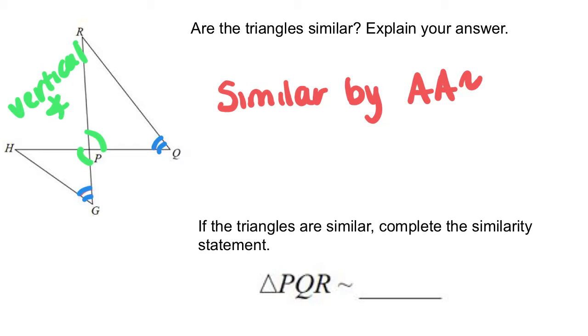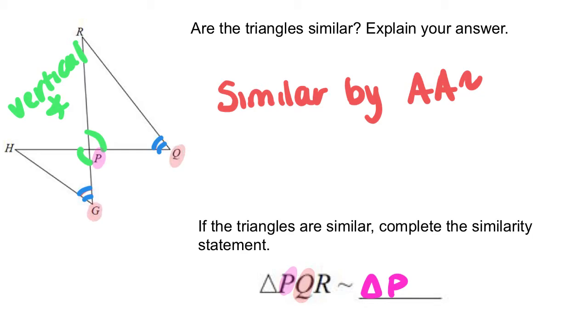So the first vertex for my similarity statement is P, and I can see that P is that angle with the vertical angle, and it's the same angle in both triangles. So I can fill in triangle P. Then I need the angle Q, which is the double marked angle.